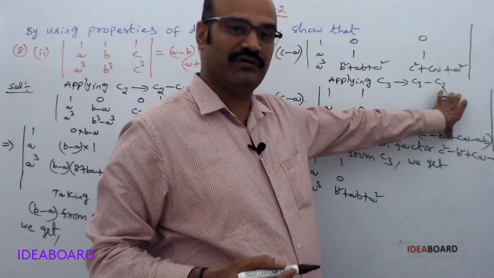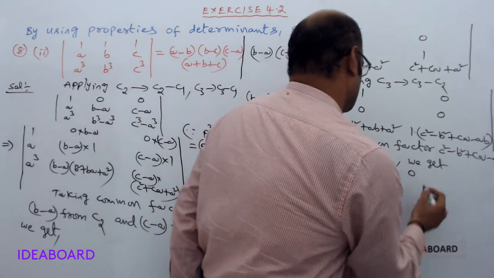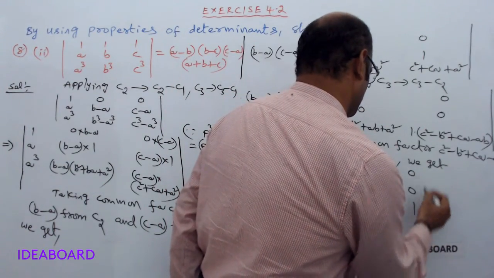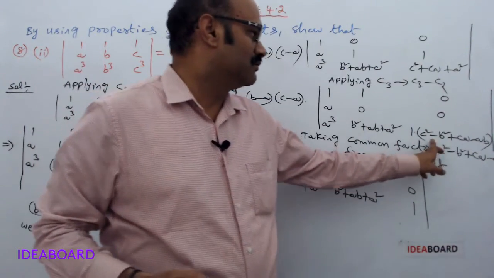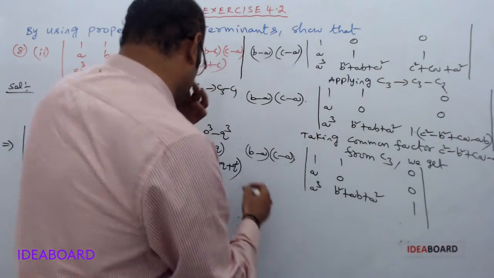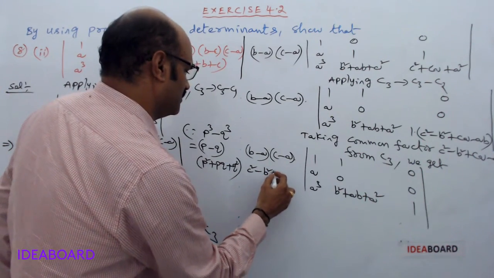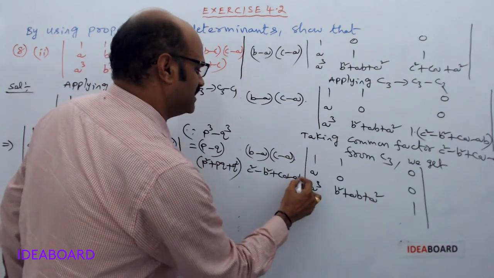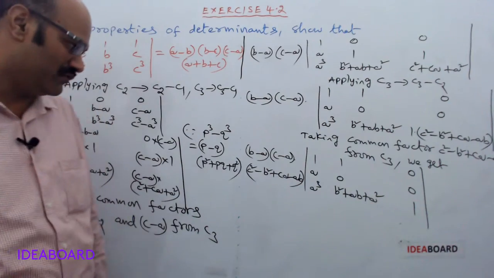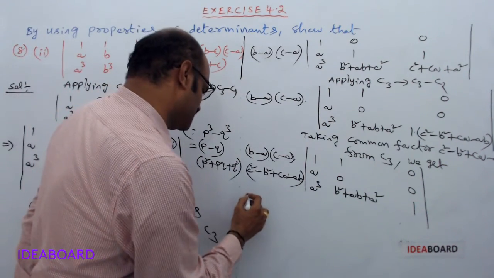Now from C3 we have to take 0, 0, 1. We have to take this one outside. So it implies we get 0, C square minus B square plus CA minus AB. Now here we have to simplify this now.